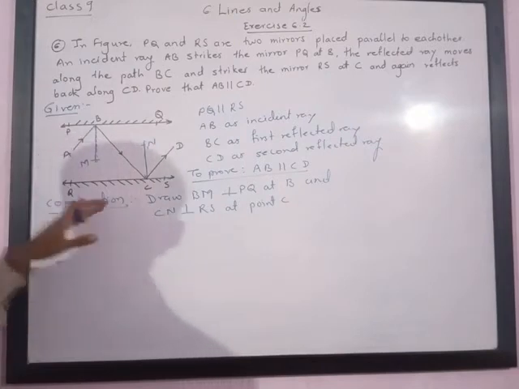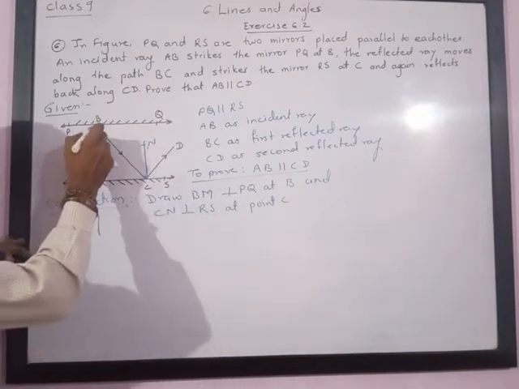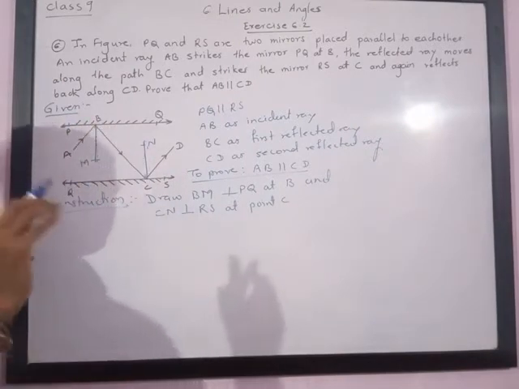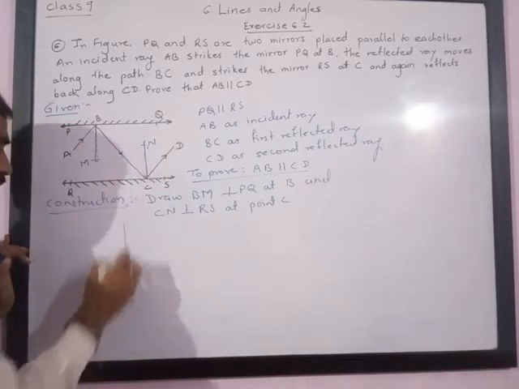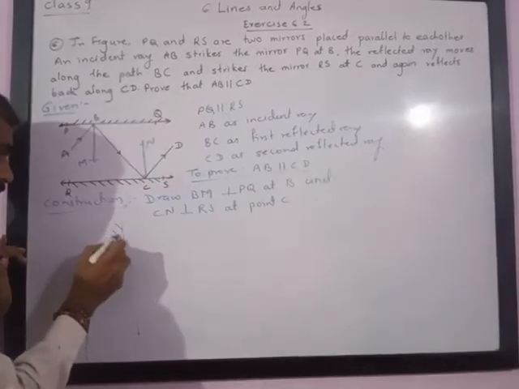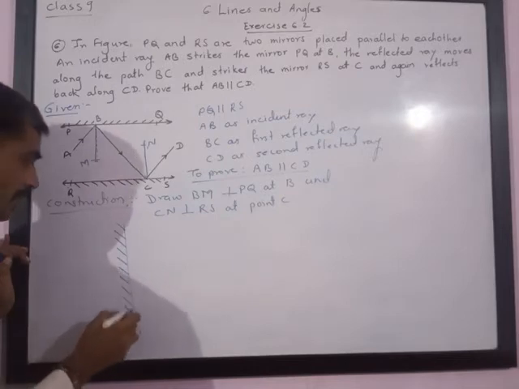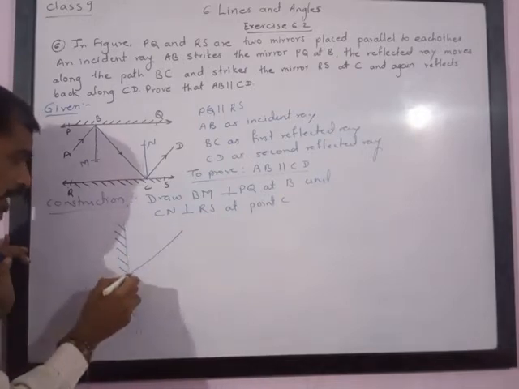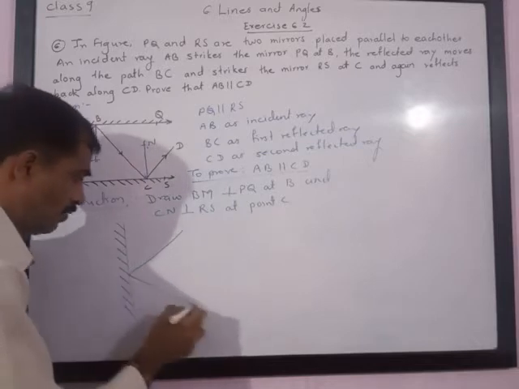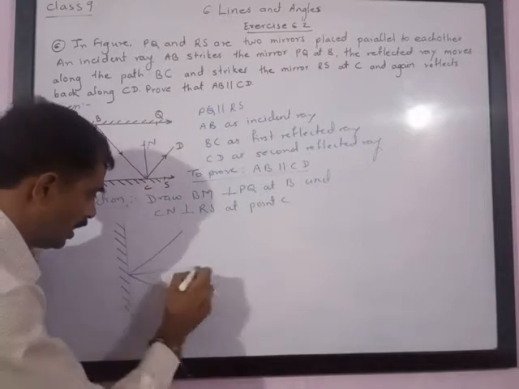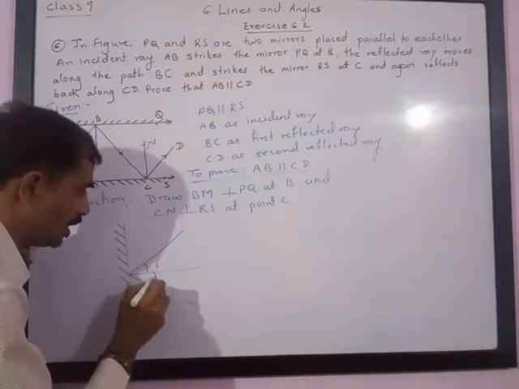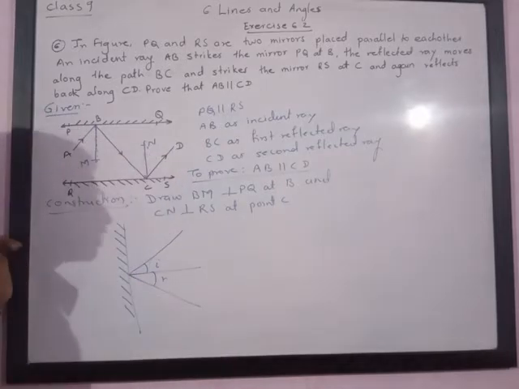Now look at the figure. You must have studied in science, if this is a plane mirror, then the incident ray gets reflected and the angle of incidence is equal to the angle of reflection.